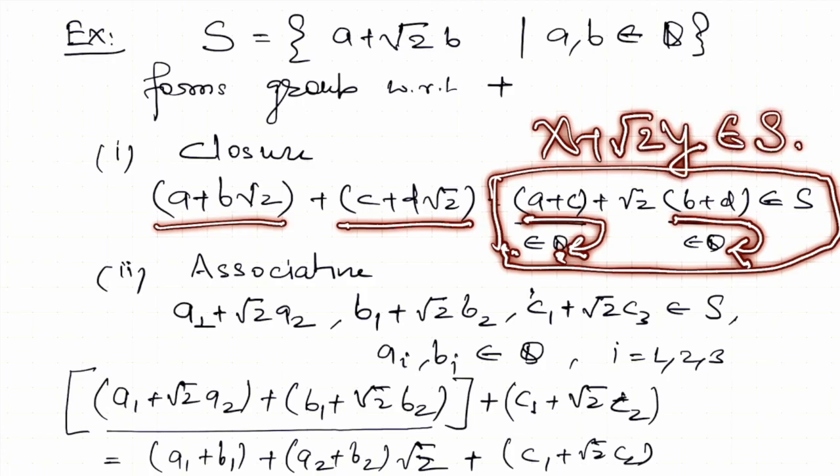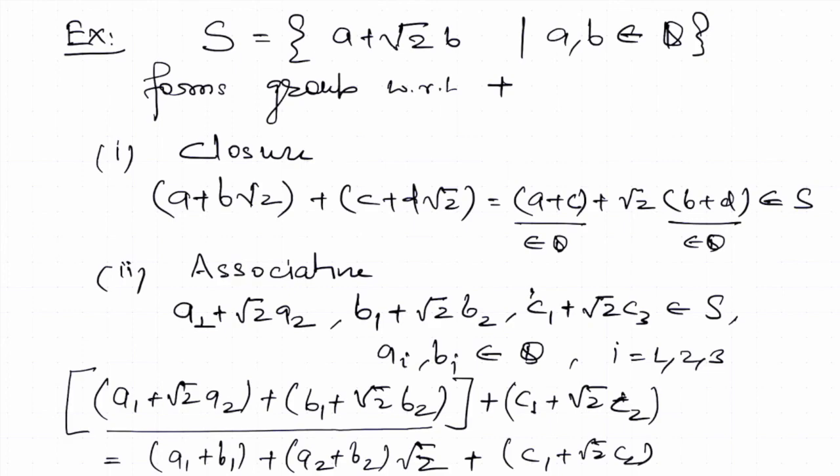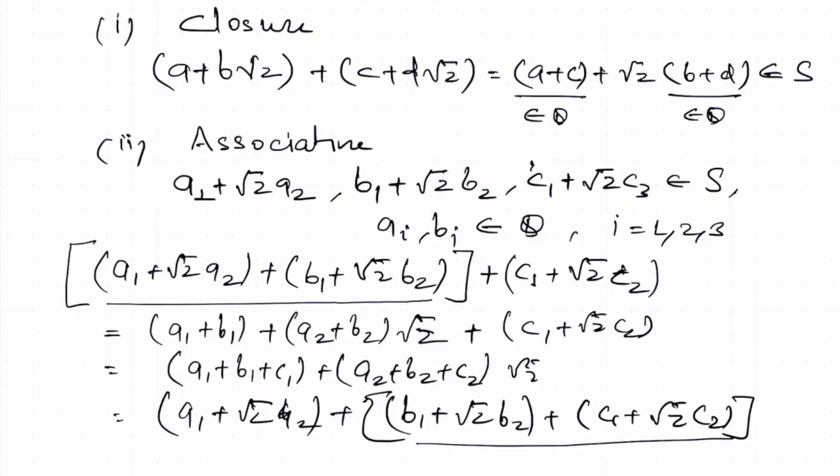Similarly, we can show associativity, and for that we need three elements from S. We will add first these two and then add this, and the next time we will add the other two and then add this, and we can see that both expressions will be equal.